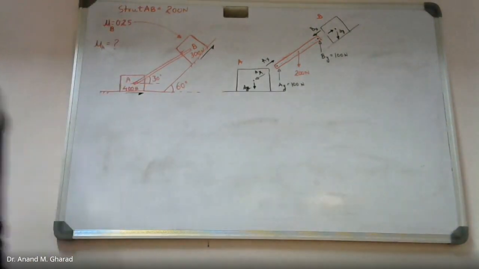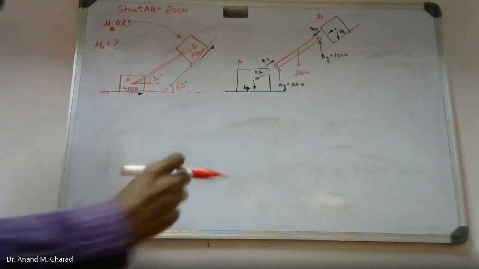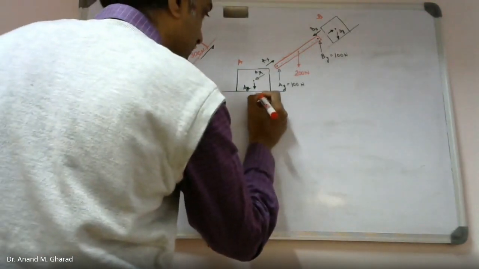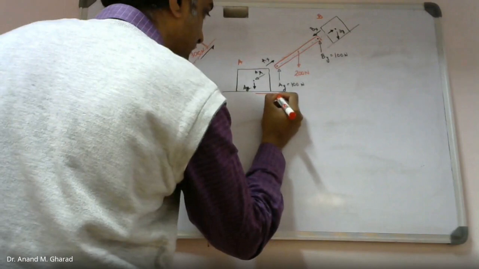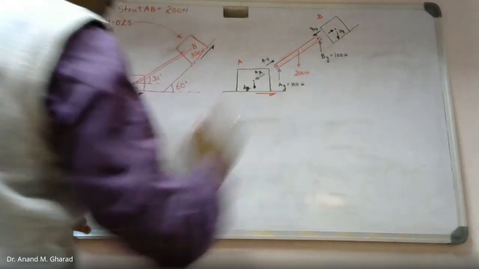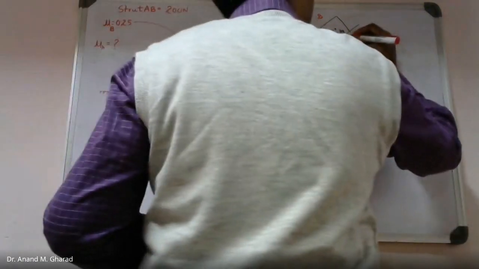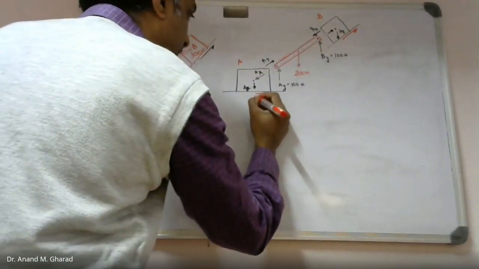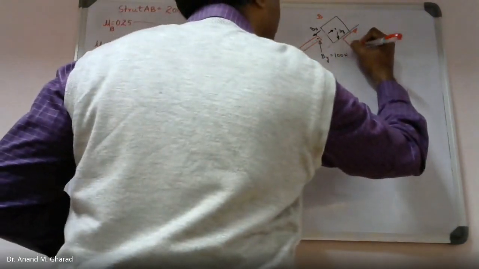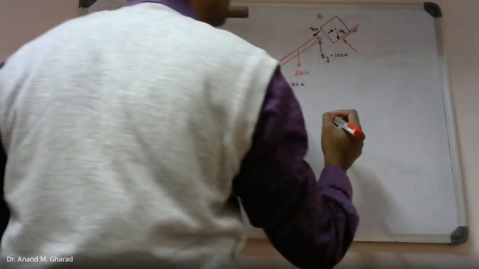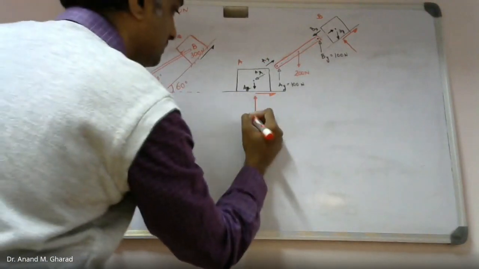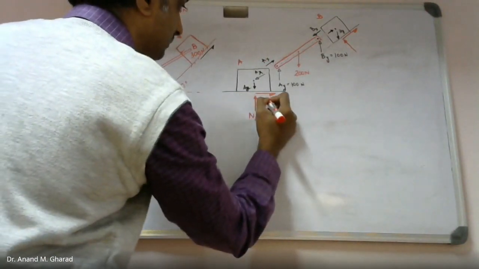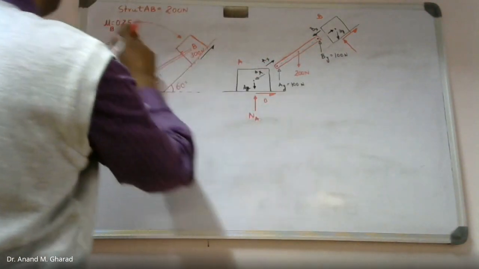Now we need to represent the frictional resistances as well, because unless and until we represent all the external forces, your free body diagram is not complete. This will be the normal reaction, and this is, let's say, Na. This shall be how much it is? 0.25.